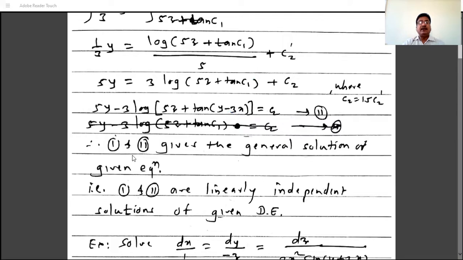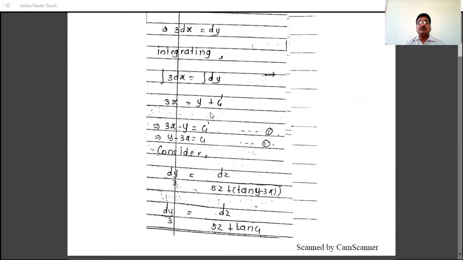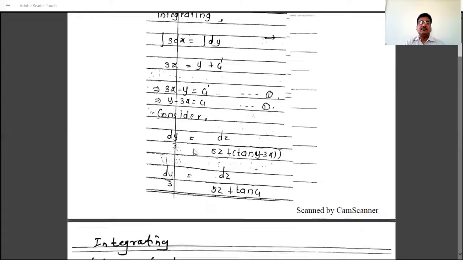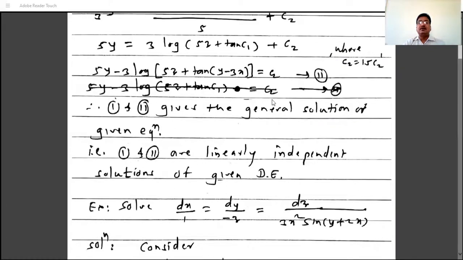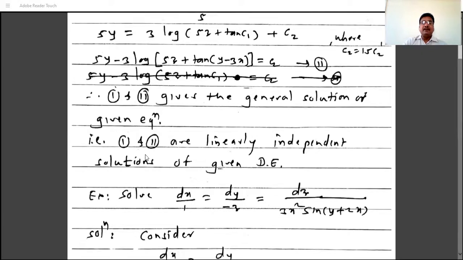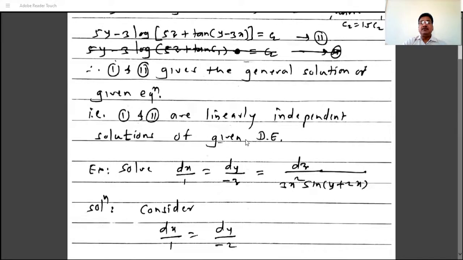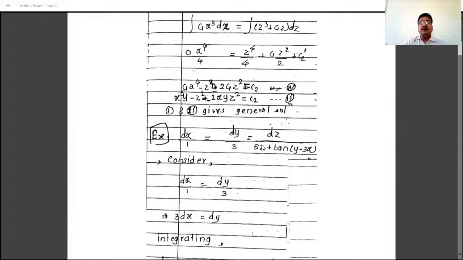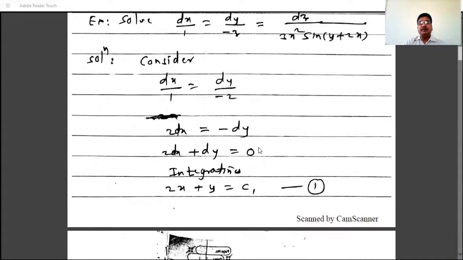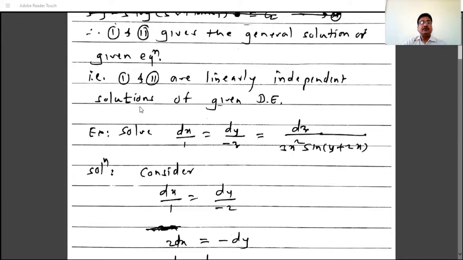This is the second solution, and the first is y - 3x = c1. Together they give the general solution of the given differential equation. These 1 and 2 are linearly independent solutions of equation number 1, the given differential equation.